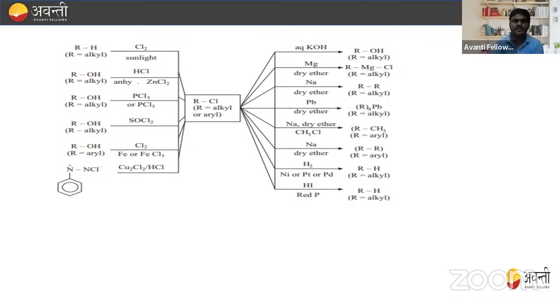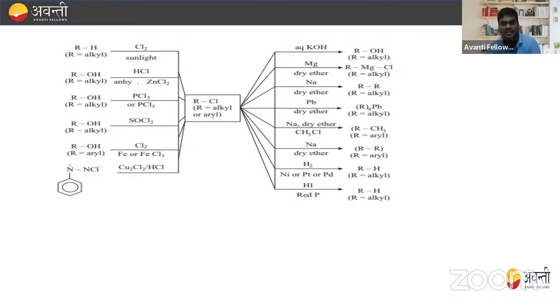Now, similarly, when you treat ROH with PCl3, PCl5, or SOCl2, out of which SOCl2 is the best method, we also get RCl. Similarly, when you treat ROH with Cl2 and FeCl3 or COCl2, then we also get this.